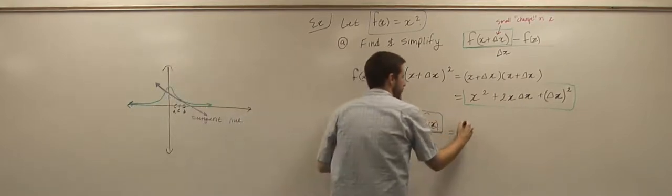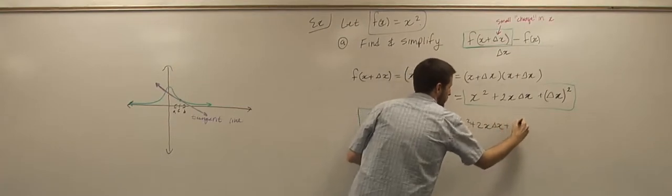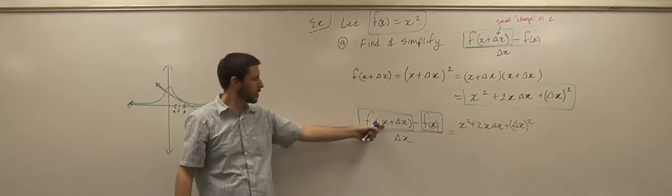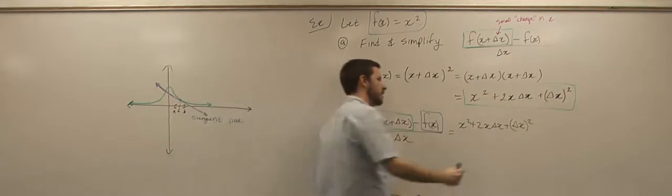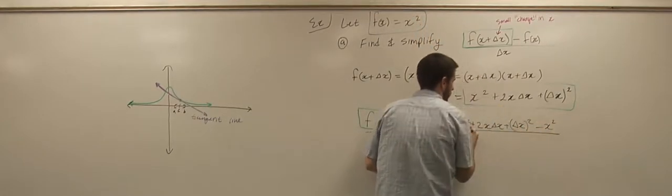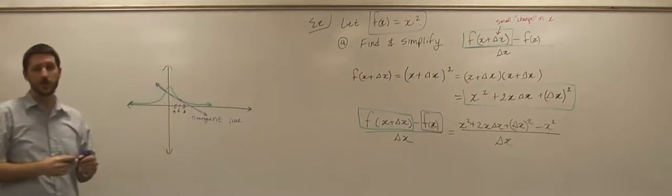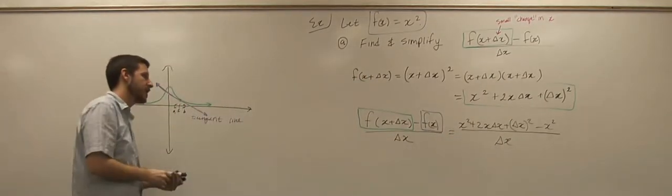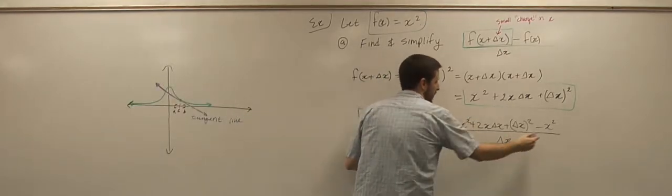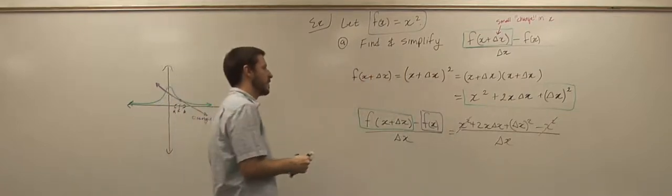So altogether, I'll get x squared plus 2x delta x plus delta x squared from this first portion, minus the function, which is x squared. And if you do this right, a lot of things should cancel. Well, in this case, only one thing does, but that's all we need. The x squared is canceled.